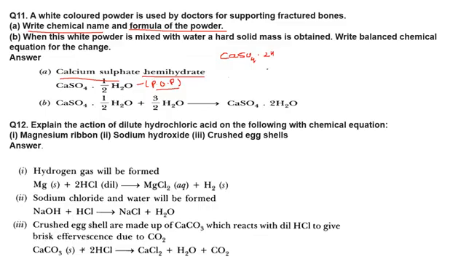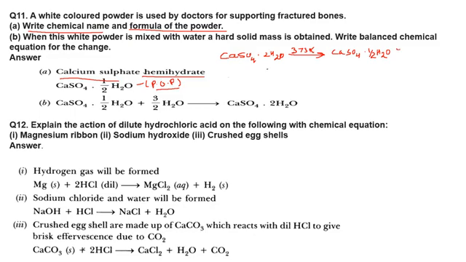When we heat gypsum at around 373 Kelvin, we get CaSO4 hemihydrate, calcium sulfate hemihydrate, CaSO4 dot half H2O, right? And what have they asked in the next question?